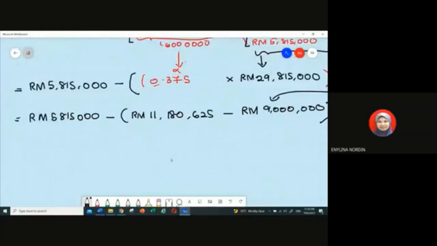So how much is the premium actually? This is the amount of synergy, the benefit that Keramat is going to get. Is it going to be more than the premium? The premium will be the cost to Keramat because it is the excess amount paid or payable to Wangsa Setia, so that is minus 9 million.